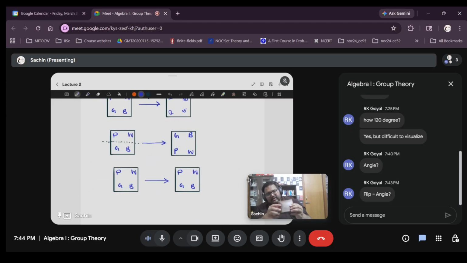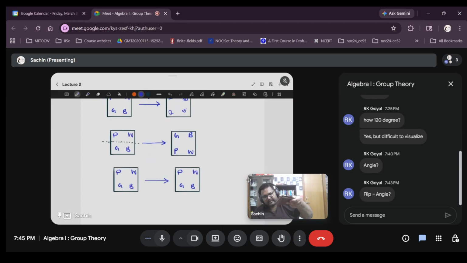Initially the color was on this side, but when you flip it, it went behind. But since it's transparent glass, you can still see the color, so you can still identify which vertex is at which corner. So a flip is like this.